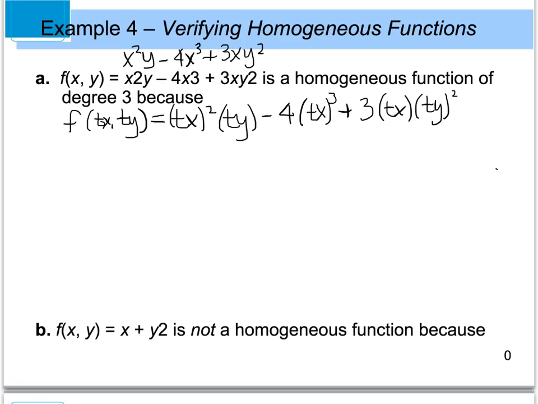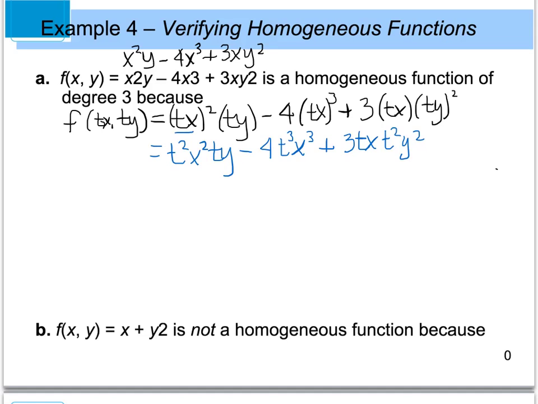So when I go through and I simplify everything, I see for this piece here, my power properties tell me that I have to distribute that 2 onto t and x. So I end up with t squared x squared ty minus 4. I'm going to distribute the 3 onto both the t and the x. So I have t cubed x cubed plus 3tx times t squared y squared.